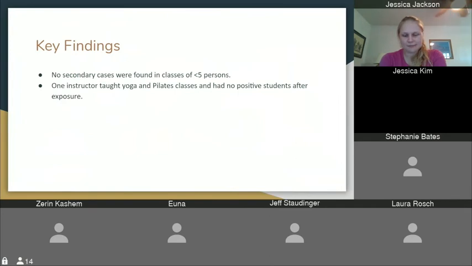Some other key findings are that they did not find any secondary cases in classes that had fewer than 5 people. So small class sizes were also associated with less transmission, possibly because people were better spaced out, with more distance from each other.